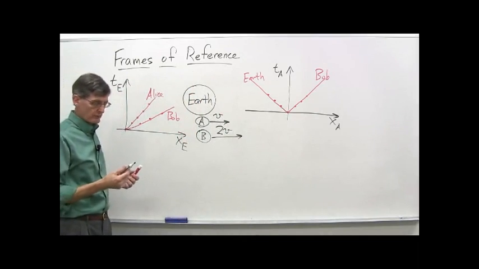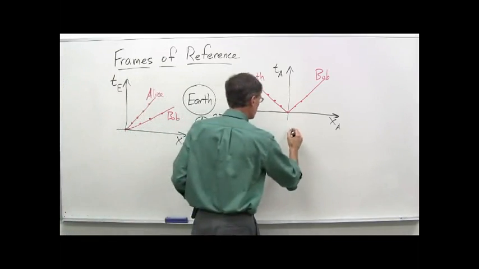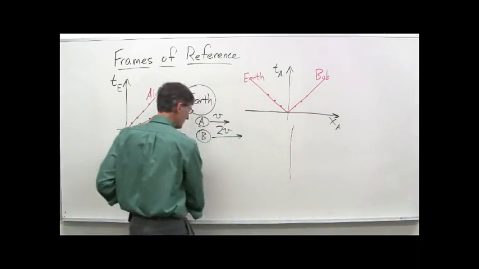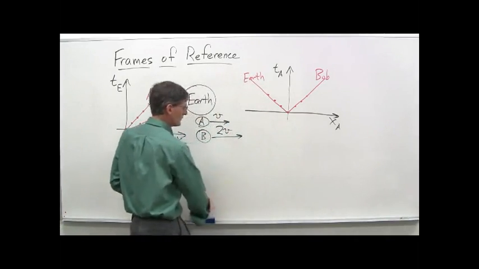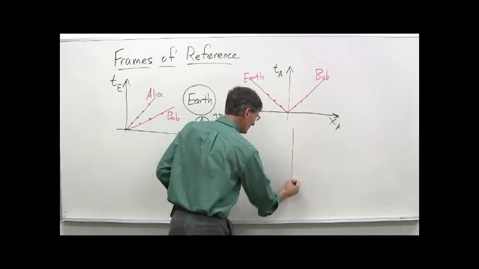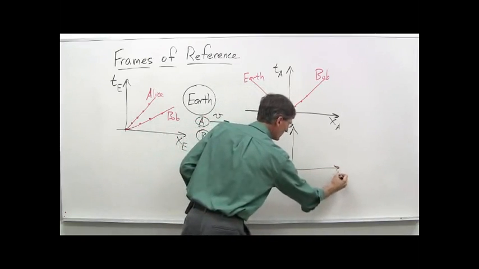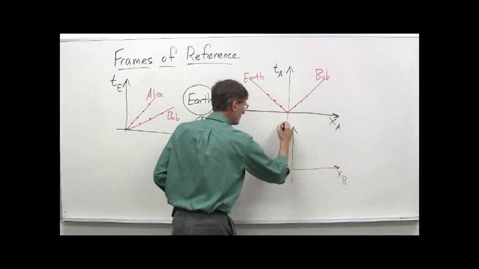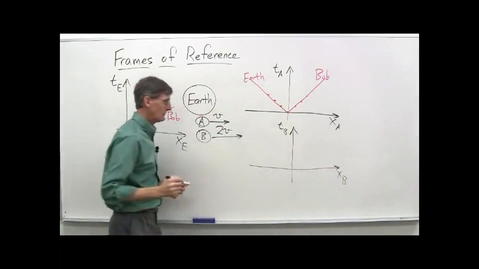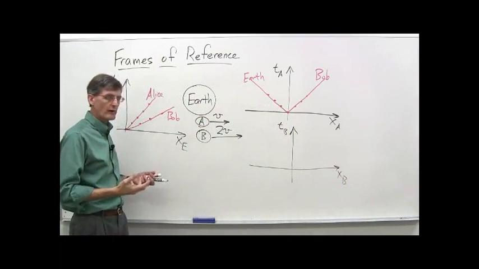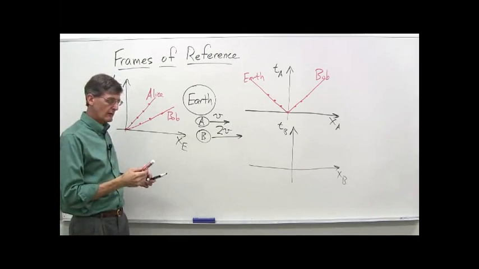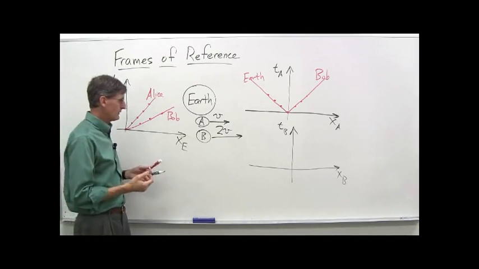What about Bob's perspective? Let's do one for Bob here. Let's try to make it straight, or straighter. Okay, so there's that. This is X Bob and T Bob. So this is from Bob's perspective, his frame of reference. So what does he see?